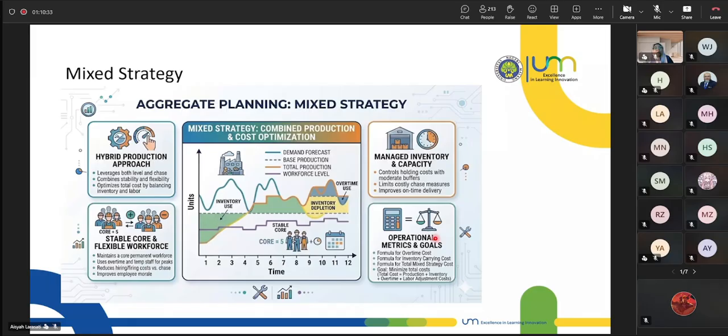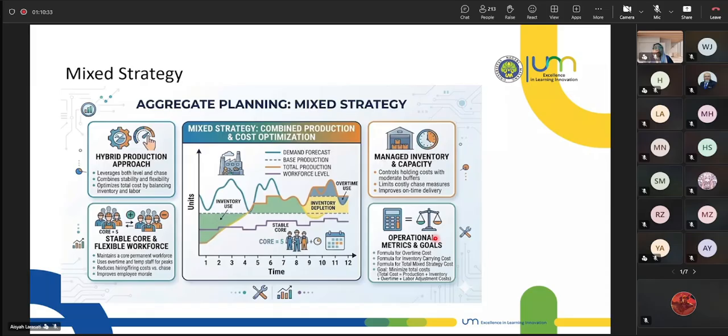That's what we have done using the transportation approach. Then we come up with the total cost, and then we can see how much money we spend with this strategy. These are the results.